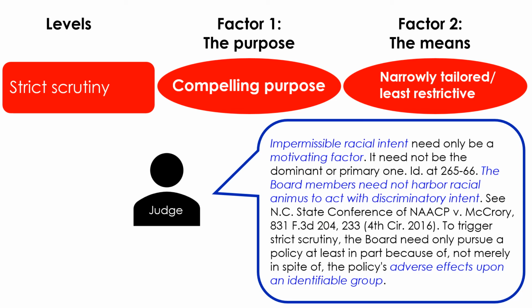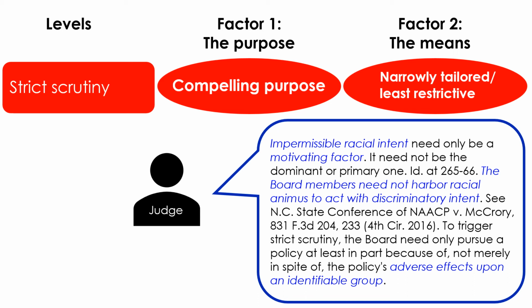Impermissible racial intent need only be a motivating factor. It need not be the dominant or primary one. The board members need not harbor racial animus to act with discriminatory intent.